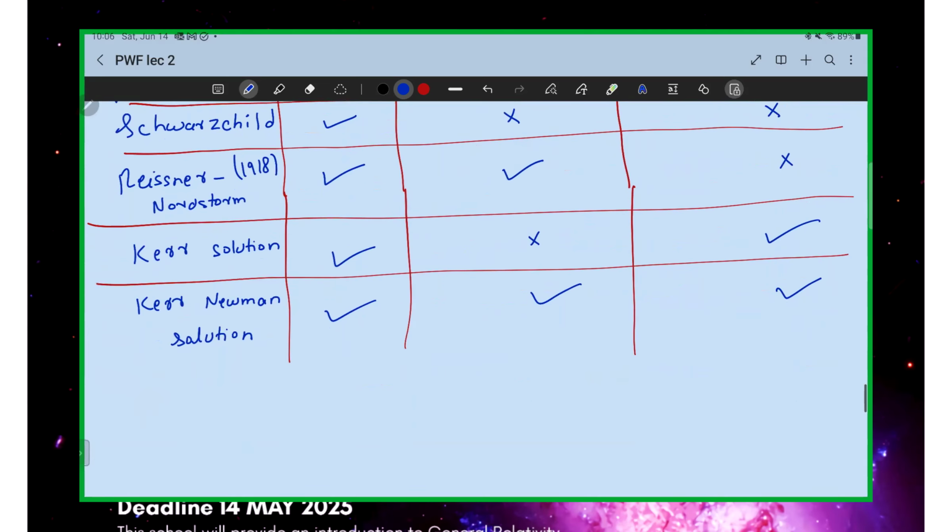The Kerr solution came in 1963. So you can see how hard the Kerr solution is to derive. It was derived by a mathematician from New Zealand named Roy Kerr. He's still alive. That difference in timeline already tells you that the Kerr solution is pretty hard to derive as compared to Schwarzschild and Reissner-Nordström.